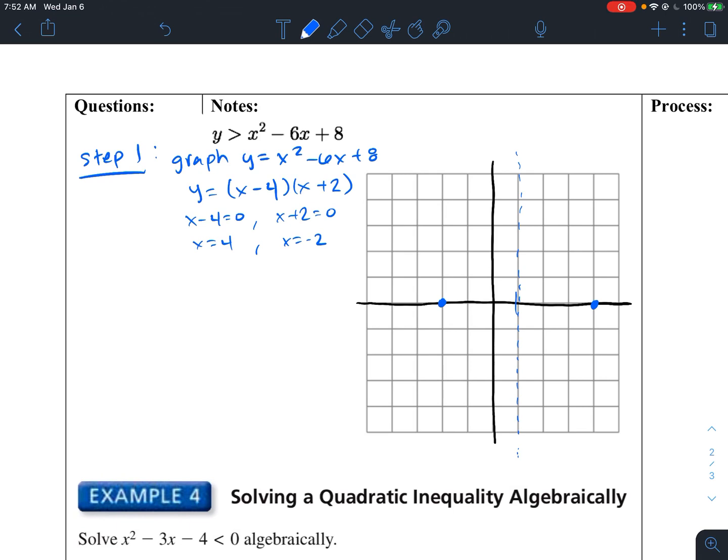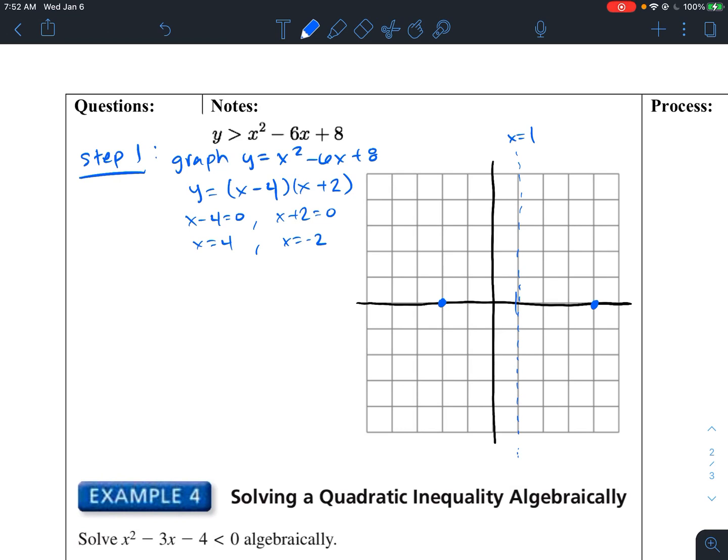Sorry, I think yeah, -4, +2. Okay, so this should be x equals +1. So if I plug that into my calculator, I'm going to get... sorry, I lied.